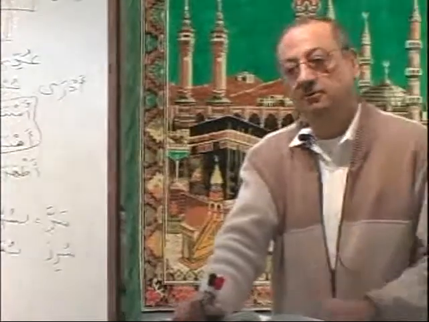Or what made you understand like this? Or you can say, how do you know? How do you know that he is lying? What is the answer? Adhunnu. What is the meaning of adhunnu? I guess. I'm guessing. I'm only guessing.